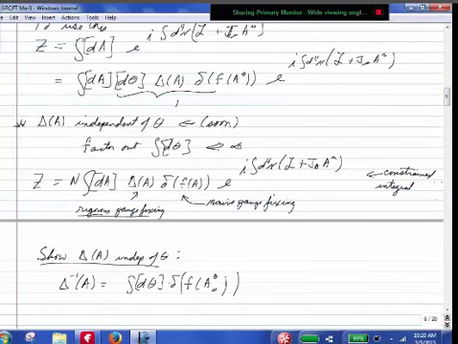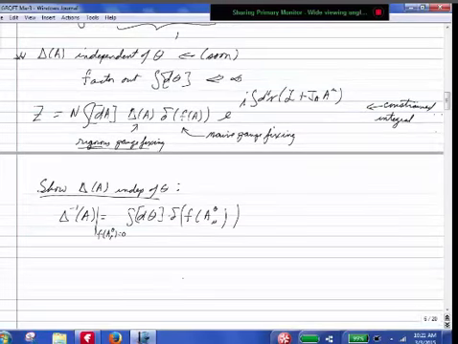So here we have delta minus 1 of A is the integral d theta delta f of A theta. Where did the delta inverse come from? Oh, I just pulled it out.